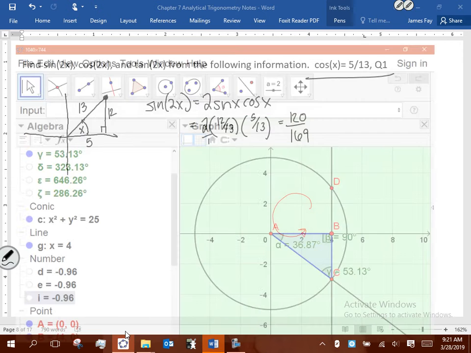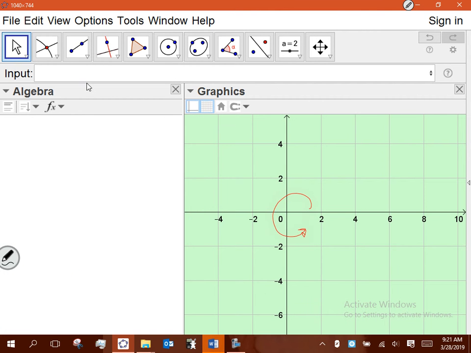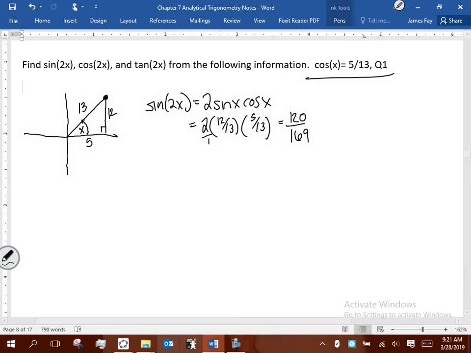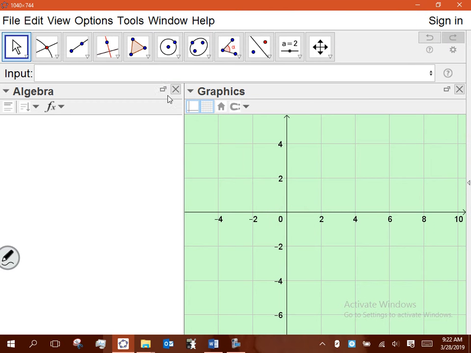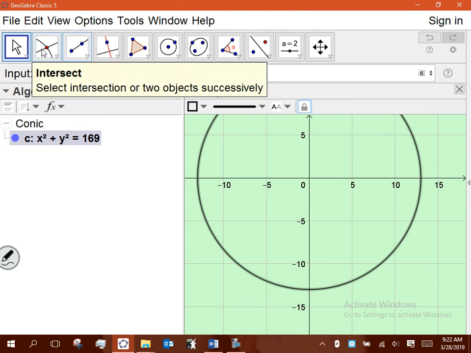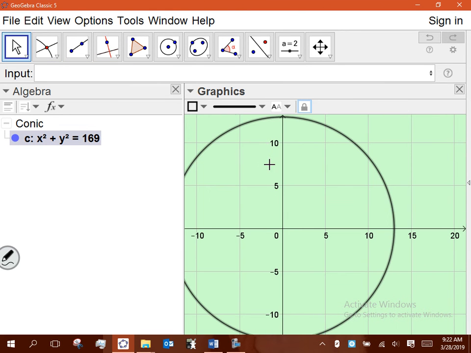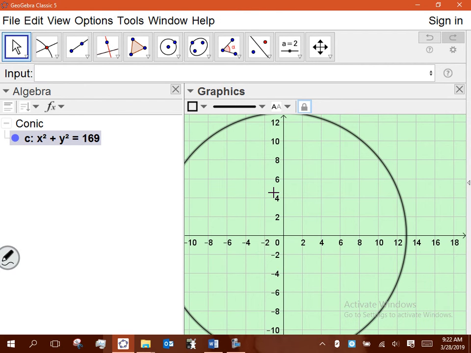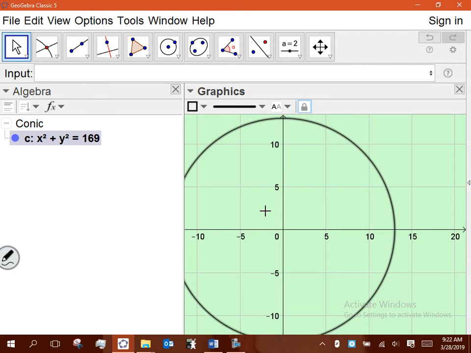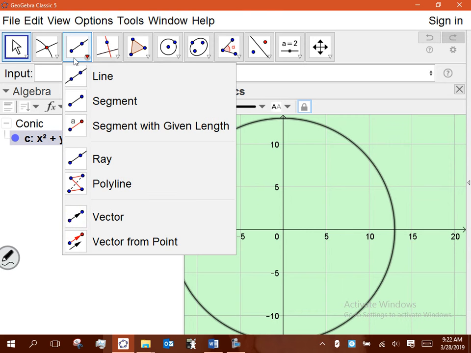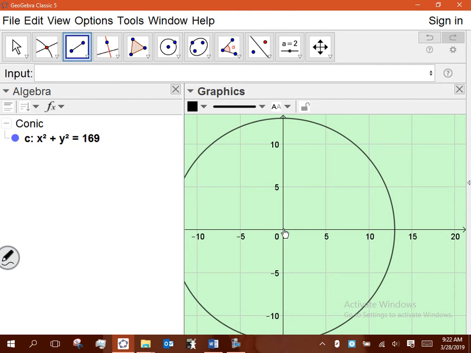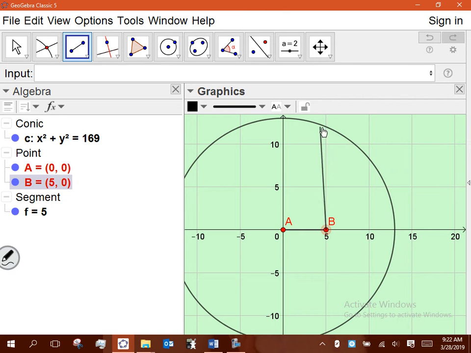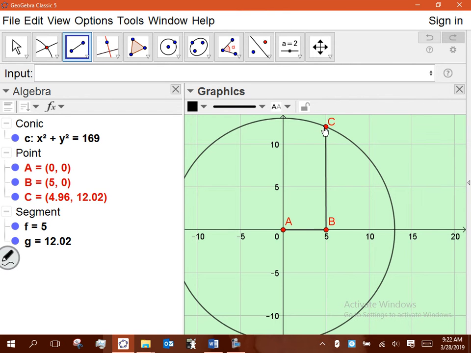Okay, if we go to a circle with a radius of 13, a circle with a radius of 13 is going to have this equation, x squared plus y squared equals 169, right? So we're talking about that circle. They told us the cosine was 5/13, right? So I could go over 5, up 13, and that would give me the triangle that we're interested in.